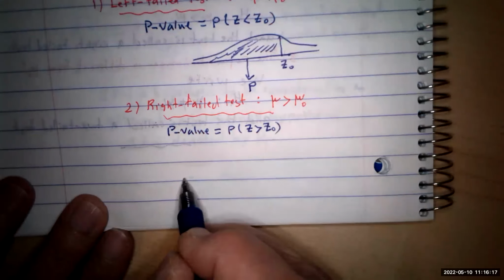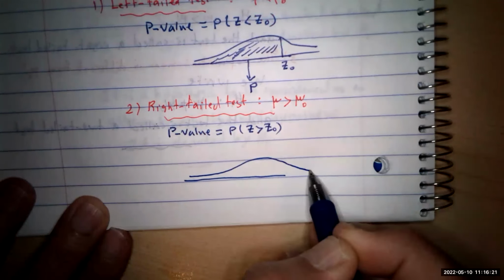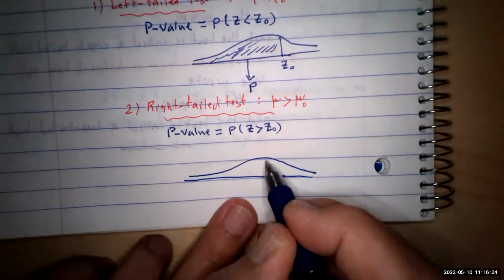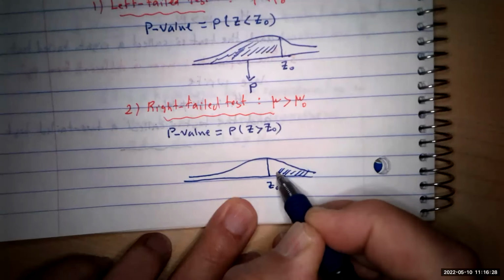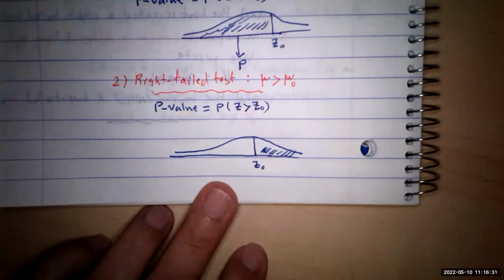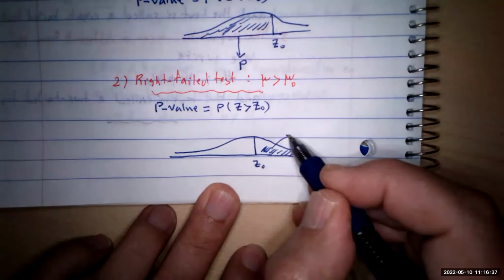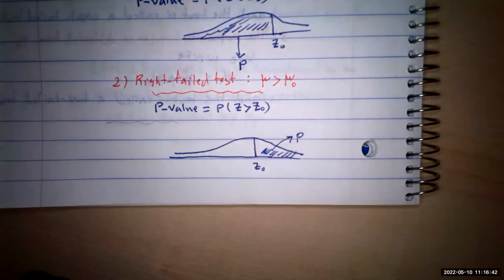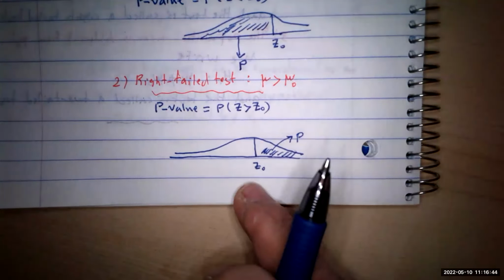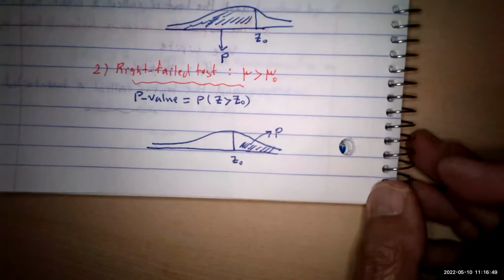What does it mean? This is going to be your curve. This is your Z naught. So we are interested in this. Make sure you get the complement of that number. So this is going to be your p number. If you want to read it from the table, you find the Z number, its area to the left, and you have to find the complement to get the result. So that's going to be the second part.